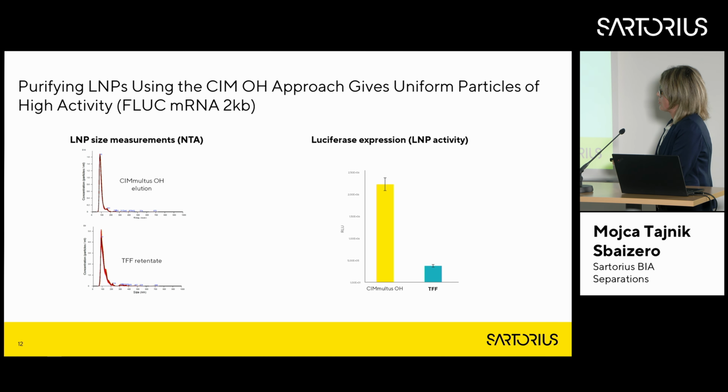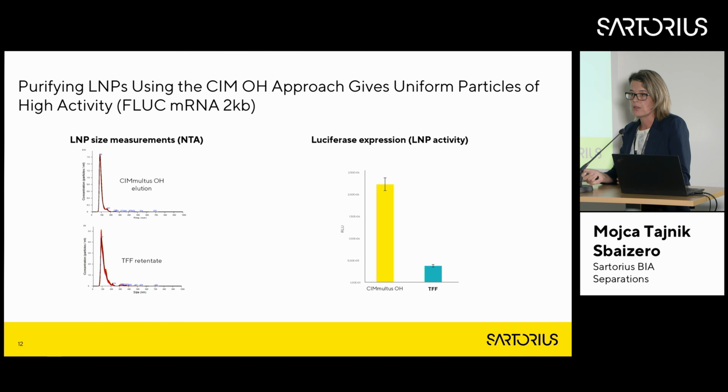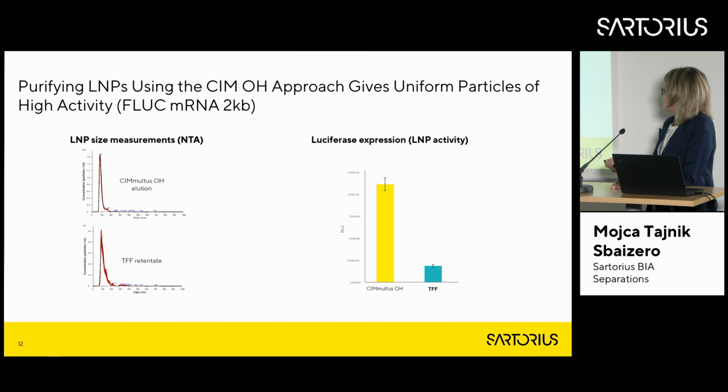And when we measure this on the NTA, we can see more uniform particles after the HIC elution compared to the TFF. If we combine those two data together, we can maybe find a reason for why the activity is higher.